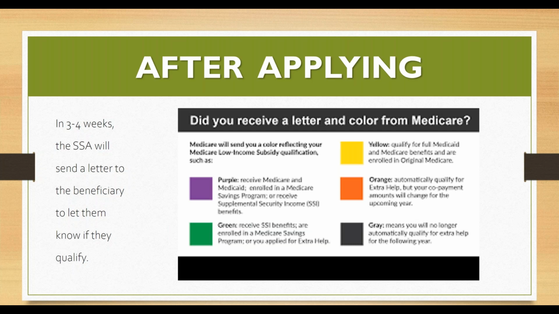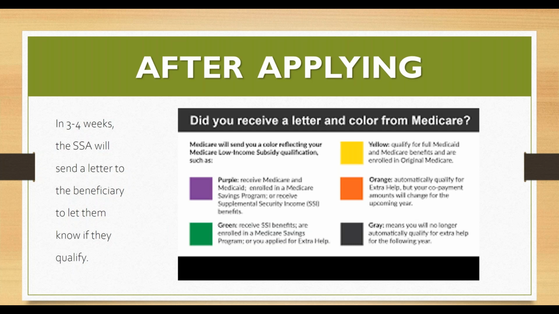And I would love to be the one making that phone call saying, hey, I've got some great news. Looks like you qualify for the extra help or for LIS or for Medicaid. Let's get you enrolled, and then start the enrollment process. You don't have to wait for that letter if you have their login and can go in and look.